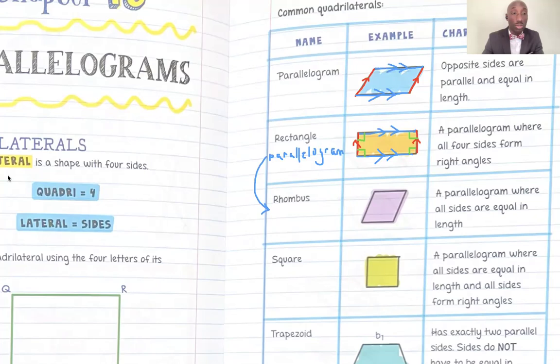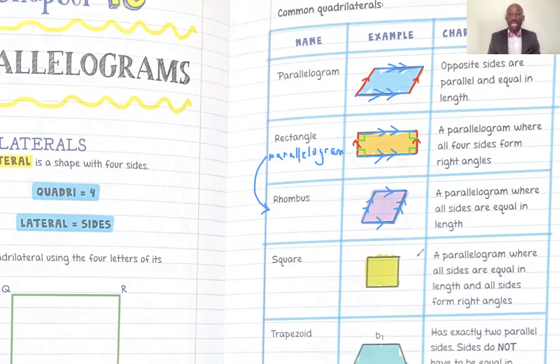So now, not only are its pairs of sides the same, but all the sides are the same length, and it still has 2 pairs of parallel sides.